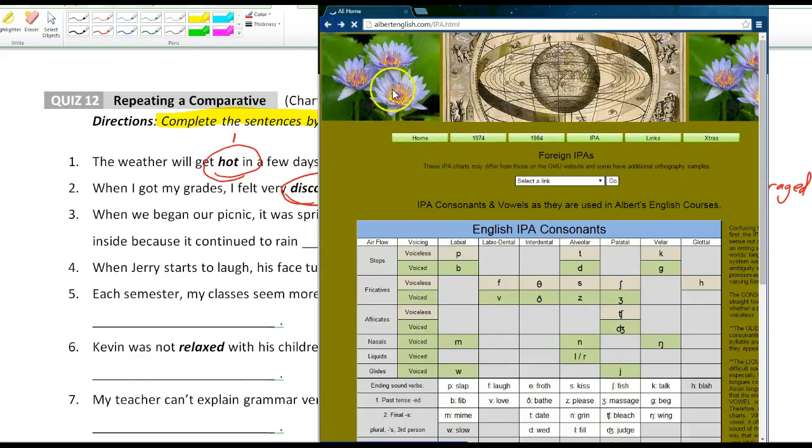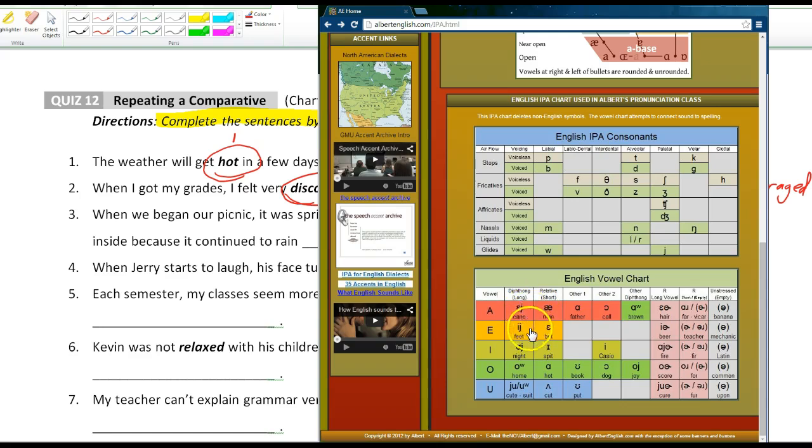A, E, I, O, and U. And then we have short vowels, A, E, I, and U. Okay, and when we are adding the ER, if we want to keep this sound A, if we want to keep E, if we want to keep I, the way that we do that is we double the consonant. Okay, and this is mainly for short words.